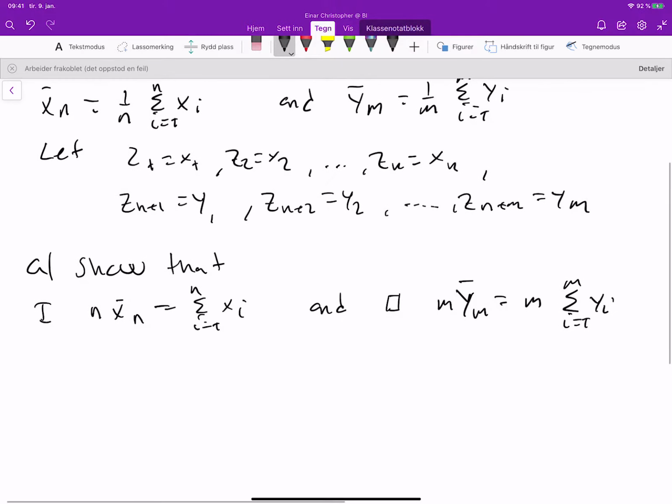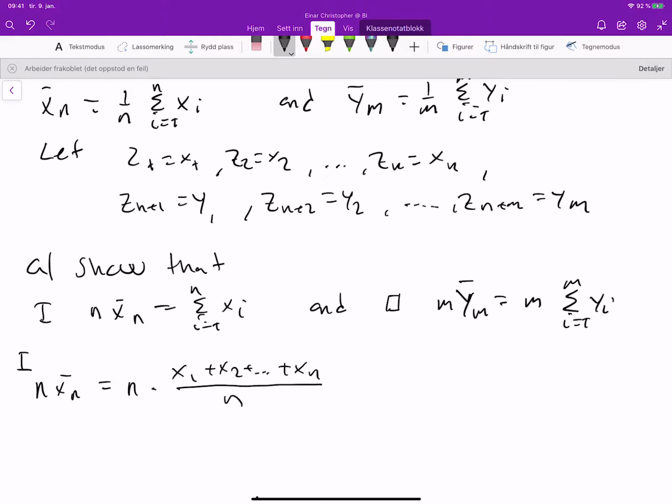Okay, we just start with what we are given, n xn bar. That is of course equal n, and how can we write xn bar otherwise? That is x1 plus x2 plus xn divided by n.